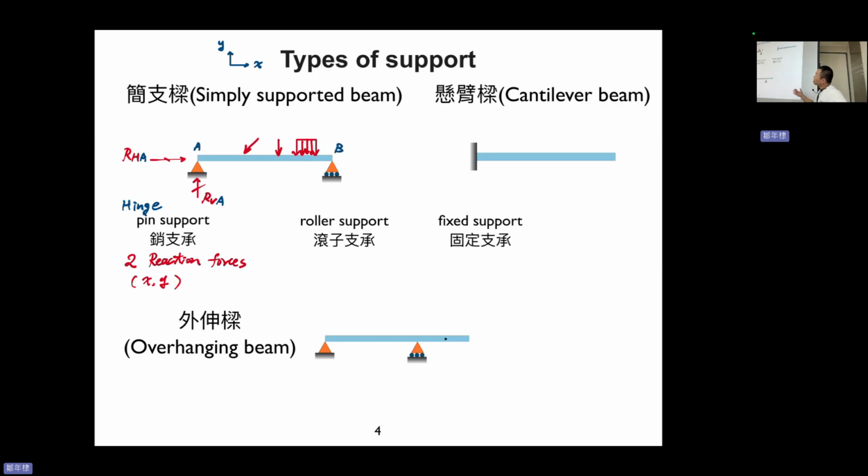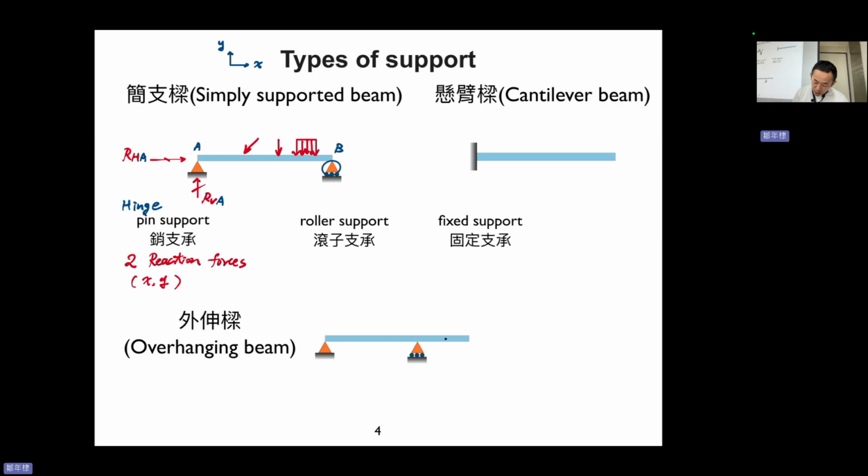Next one is called roller support. Roller support can look like this, with three circles, or you can just draw one circle. You can see that this is a roller. It's just like a train track: you can move along the X direction, but you cannot go off the track.